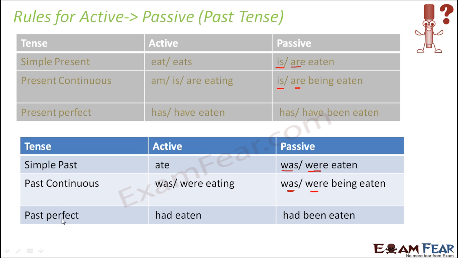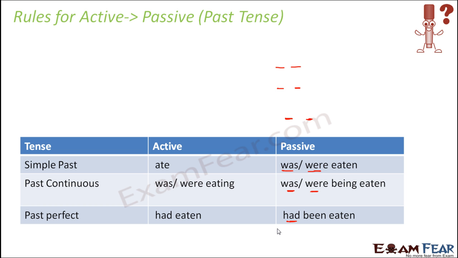Again, in past perfect, you see it is had been eaten. So in present, it was has or have been eaten. So that has or have is replaced with had been eaten. So the concept is exactly the same. It is just that is is replaced with was, are replaced with were, and has or have replaced with had. That is the only difference. Otherwise, it is all the same.